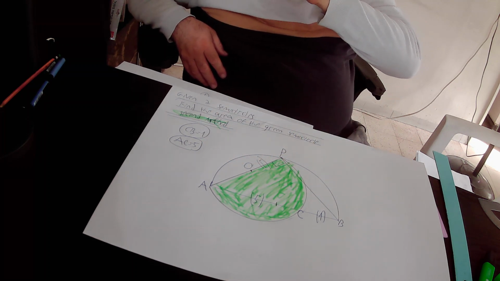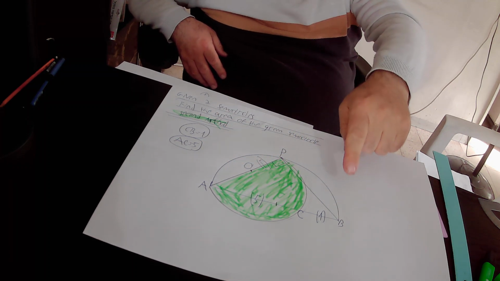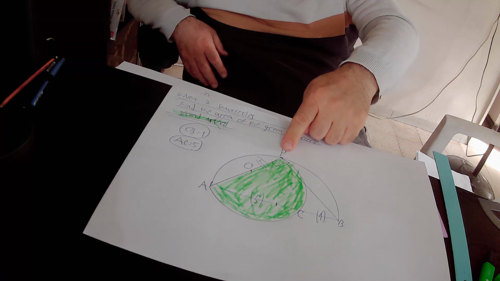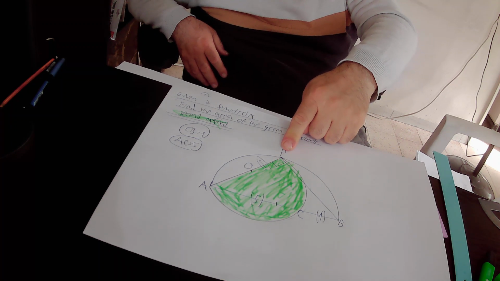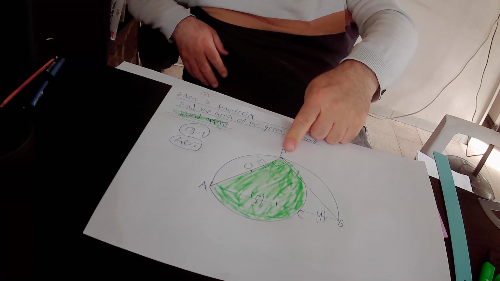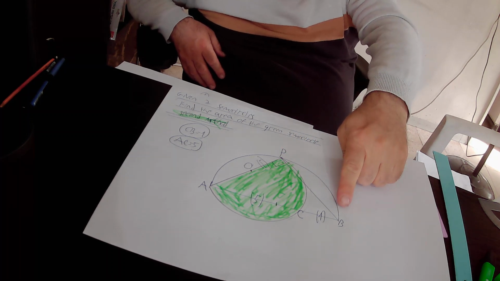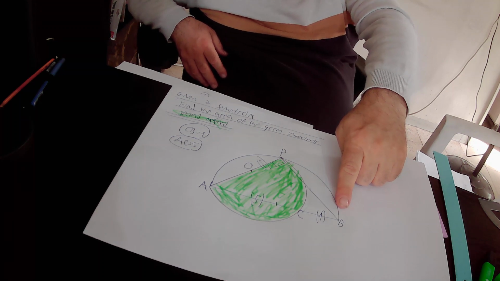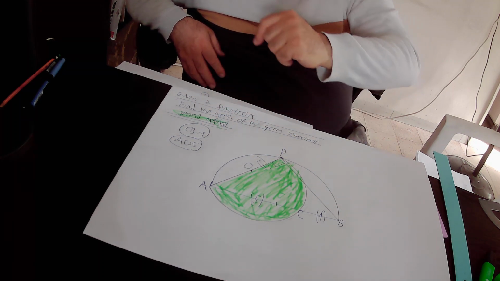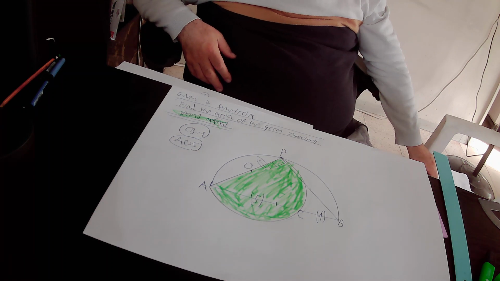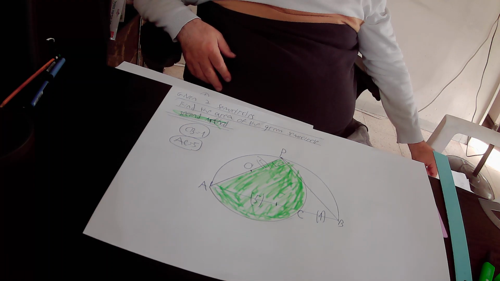Again, from point B, we have tangent BP, tangent to this green semicircle at point P, and chord CA. Therefore, we can implement here rule 10. I'll repeat quickly on rule 10.